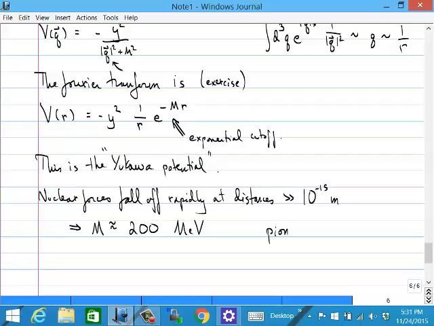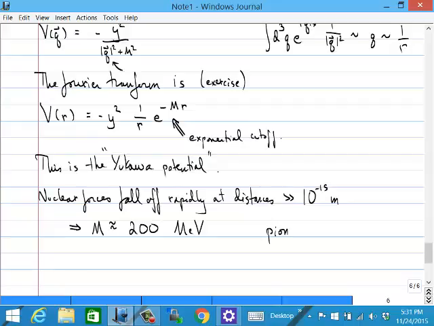And so this Yukawa theory is only what's known as an effective theory. That is to say, it's a theory that works well for some finite range of energies. It works very well at low energies, but things go wrong with it at very high energies, and you need to go to the theory of quarks and gluons.